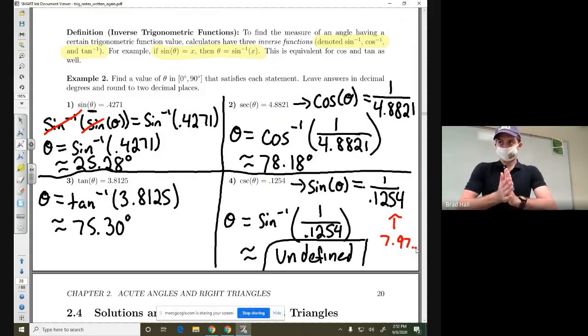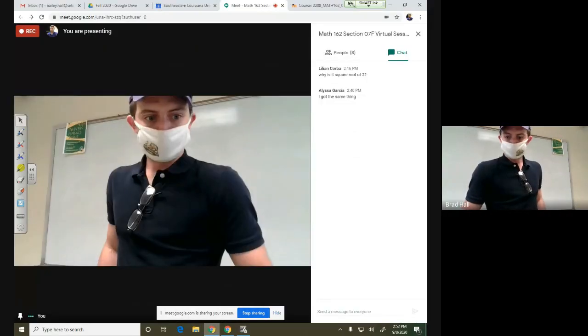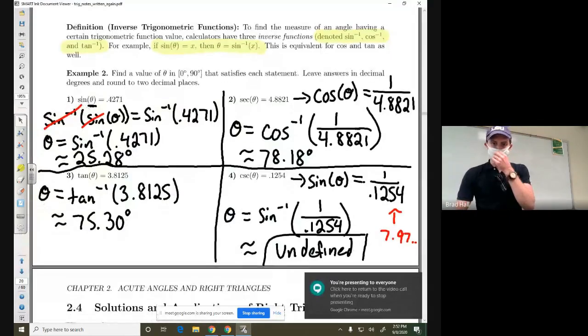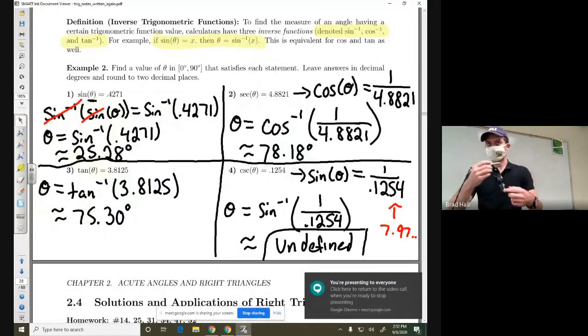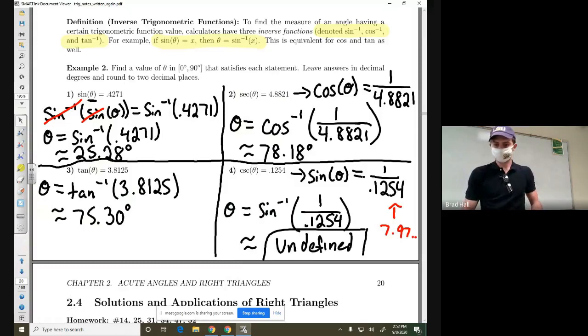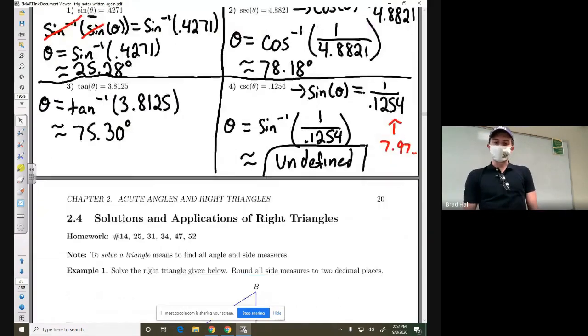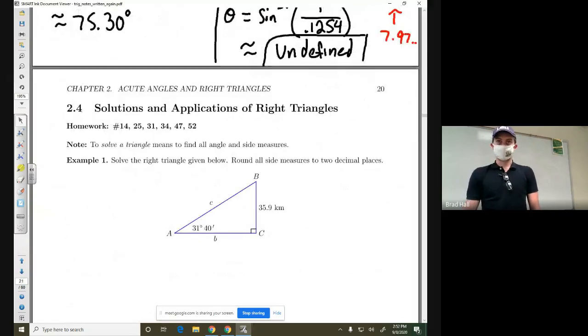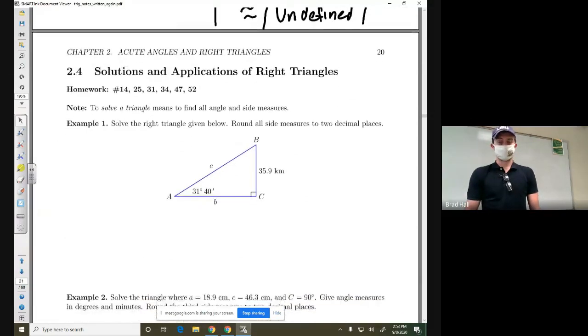Does anyone have any questions before we move on to the final section? I didn't imagine this was going to cause too many people issues. It's just a calculator section with a little nuance of how to use the reciprocal identities. Let's move on to section 2.4, which is the last section pertaining to the Unit 1 assessment that we'll have next week.